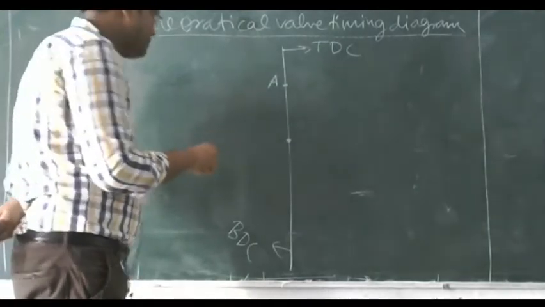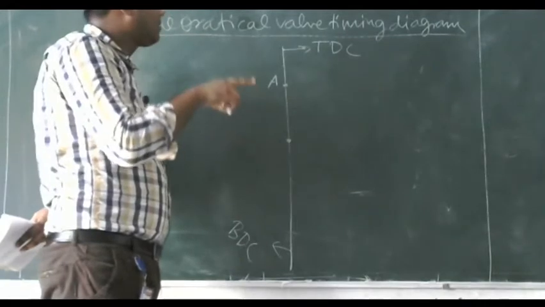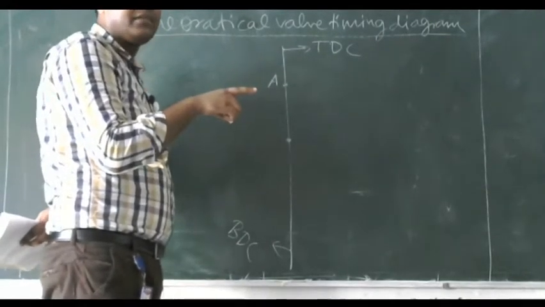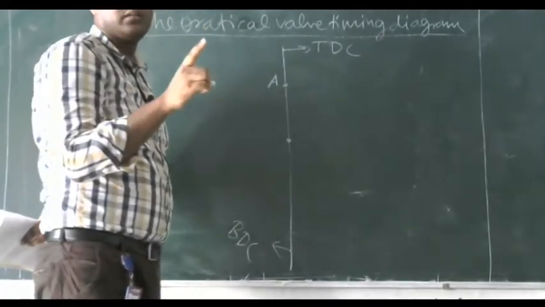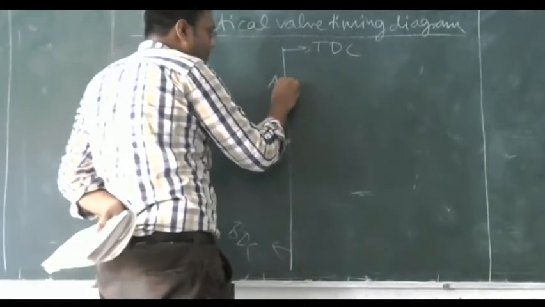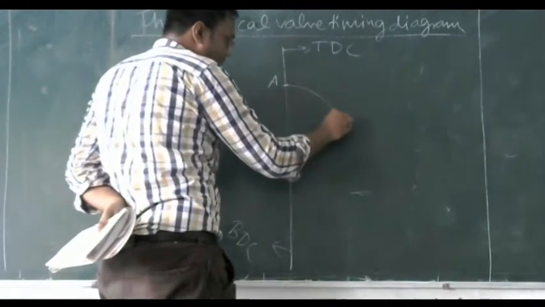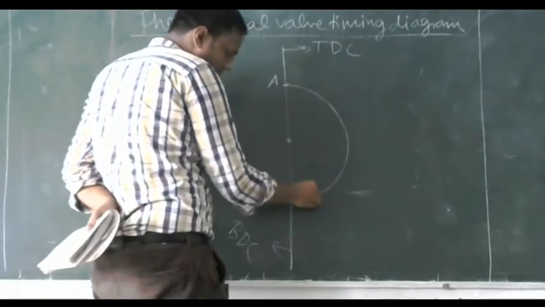During the suction stroke, the crankshaft revolves by half revolution, that is 180 degrees. So from TDC the piston comes to BDC and the crankshaft comes here.